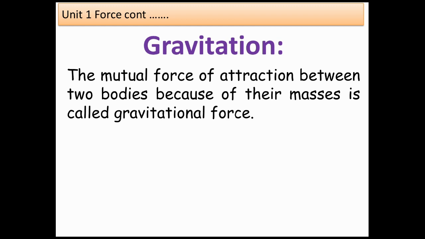If two bodies do not have any mass, then there is no gravitation. For gravitation, objects should have mass. That's why it is the mutual force of attraction between any two objects because of their masses.